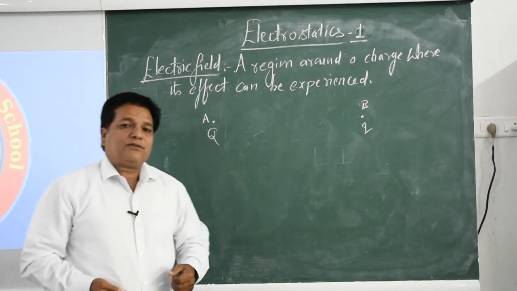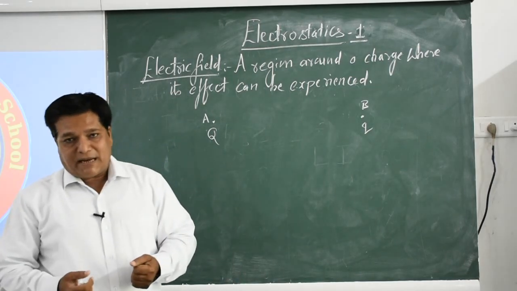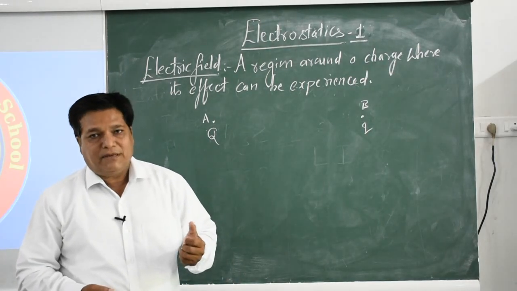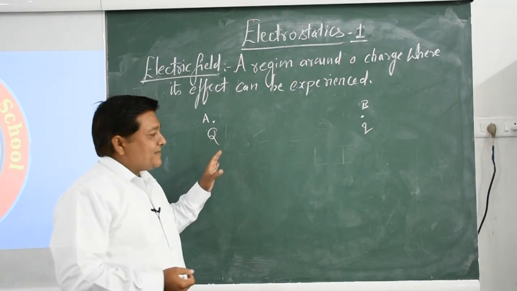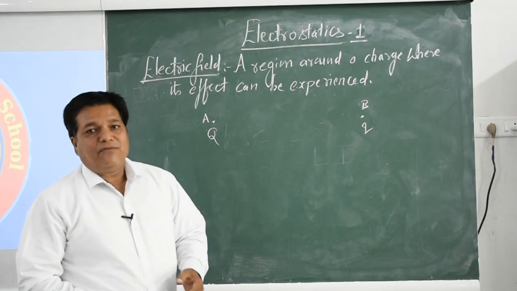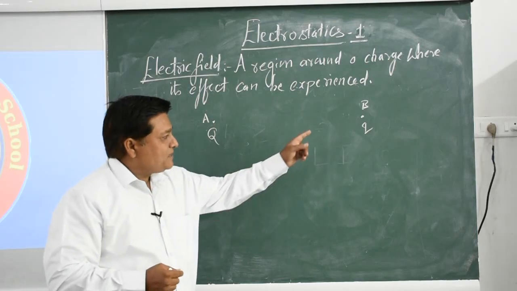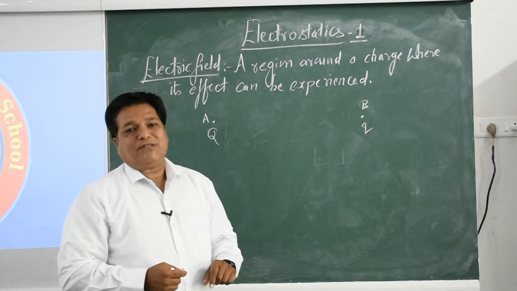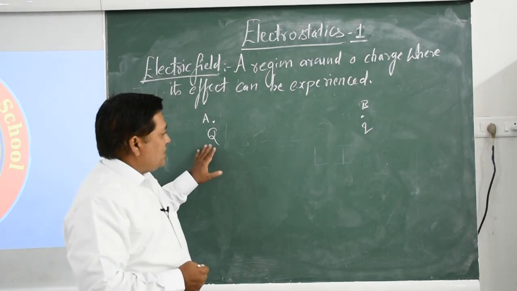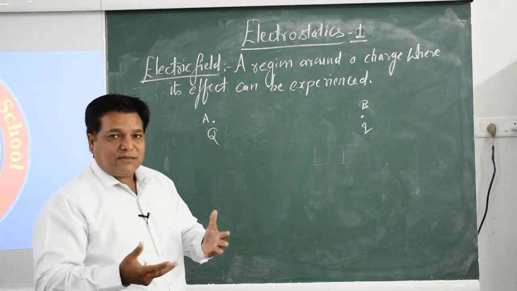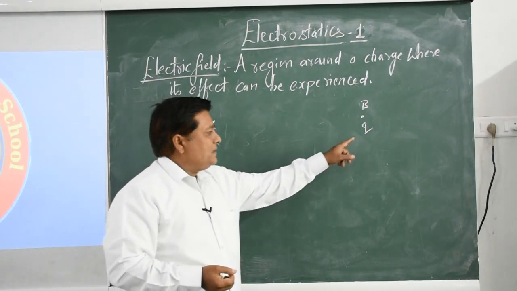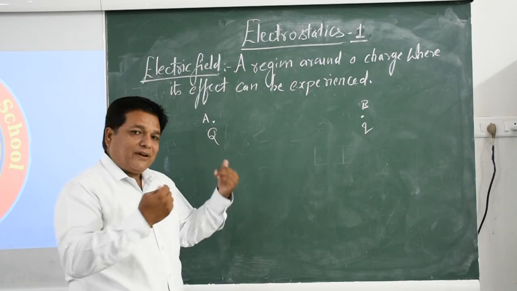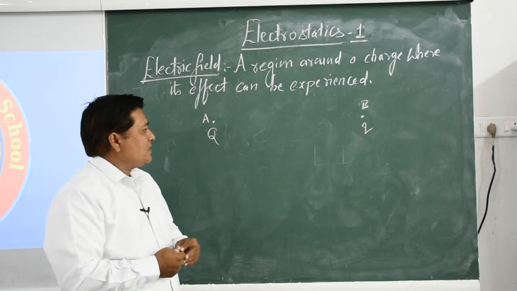Source charge means the charge which produces its electric field. To test the effect of this source charge, we bring another charge into that region. That charge is called the test charge. So capital Q is a source charge which produces electric field, and small q is a test charge which is experiencing the effect of the source charge.